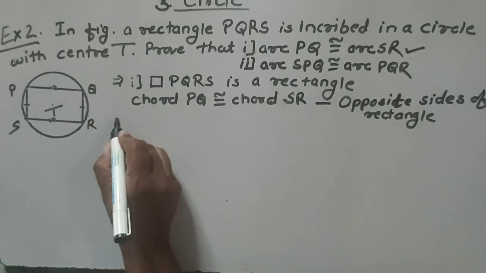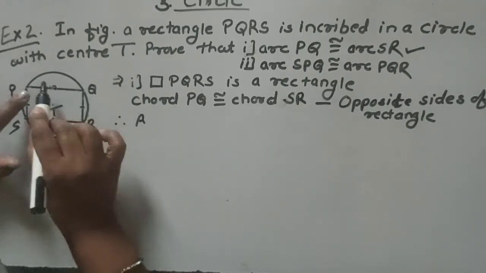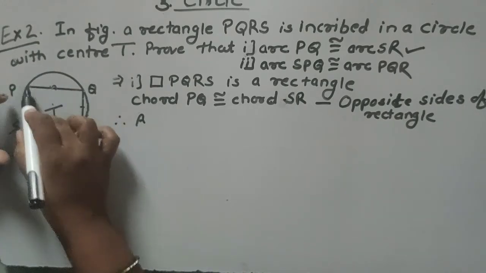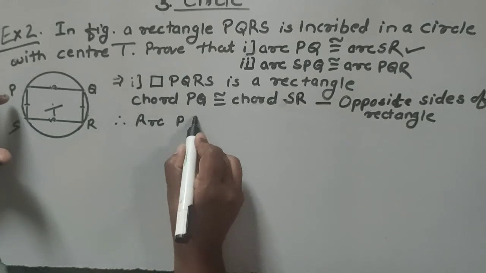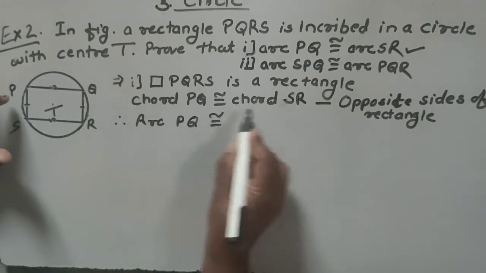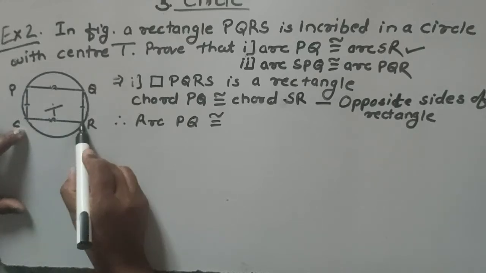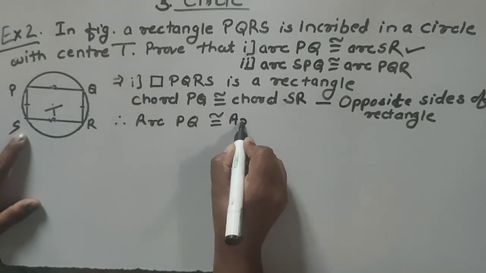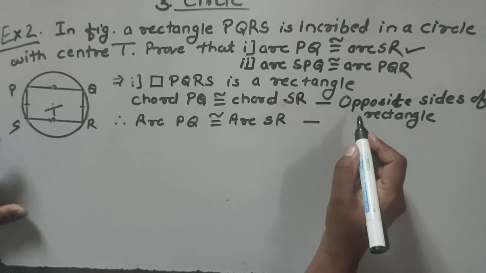So we write: therefore, arc PQ, the corresponding arc of chord PQ, is congruent to arc SR, the corresponding arc of chord SR.